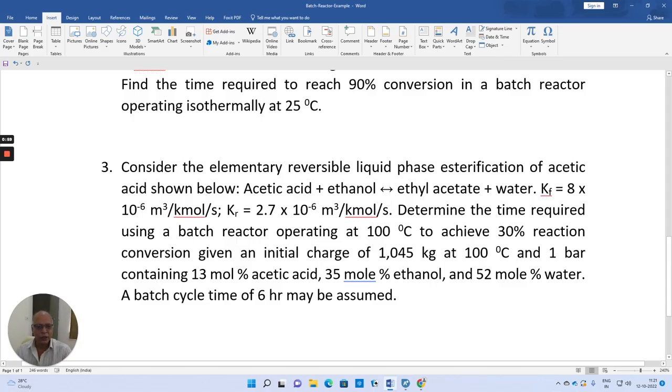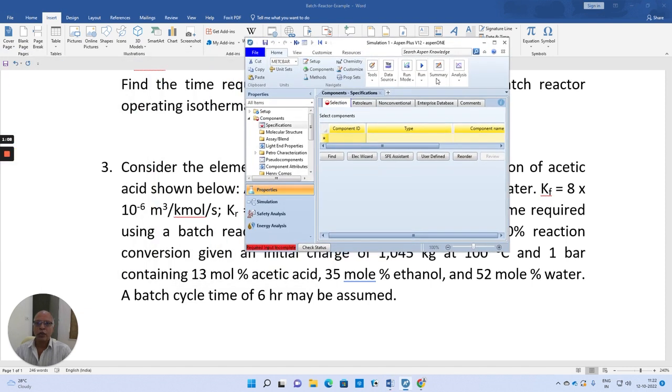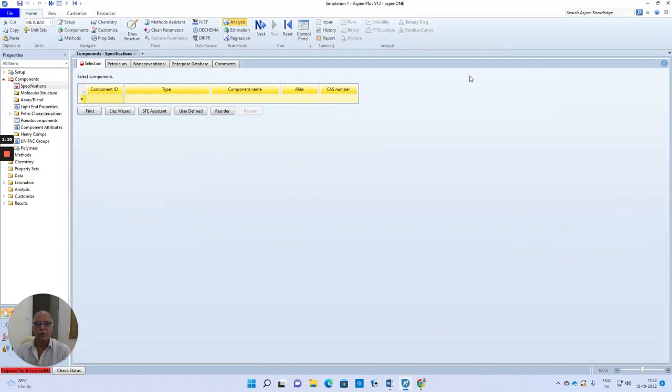The initial charge into the reactor, along with its composition, temperature and pressure, are also given to you. So let us look at how to solve this problem using Aspen simulation.